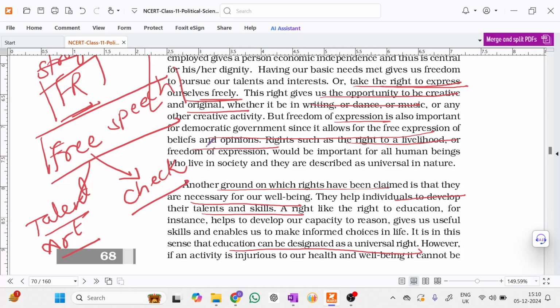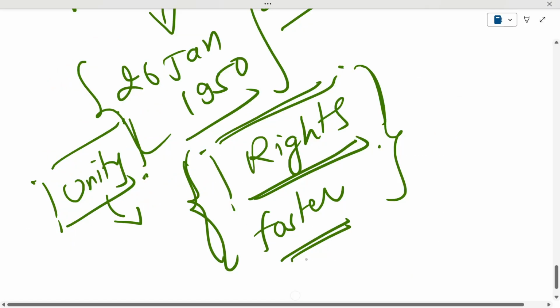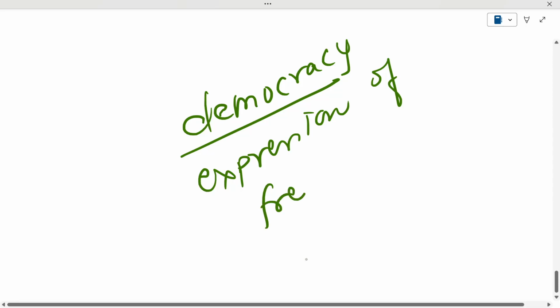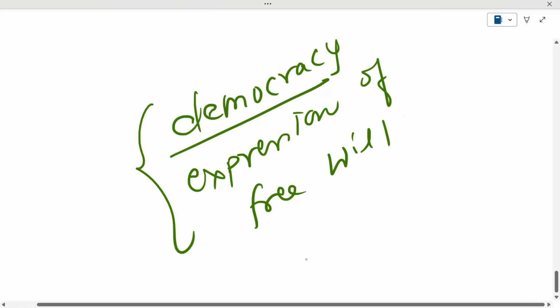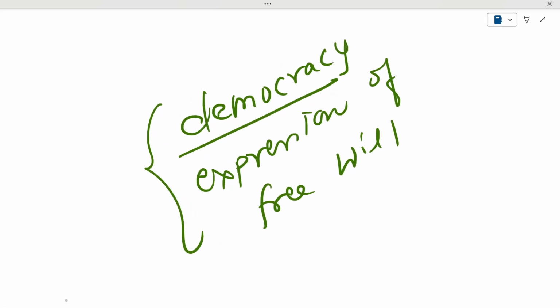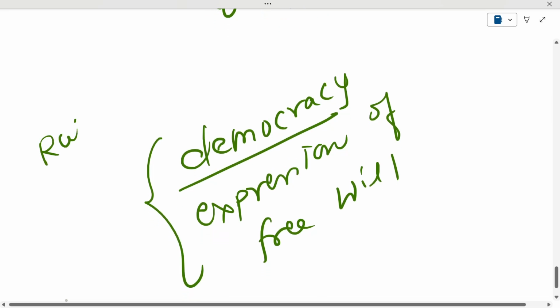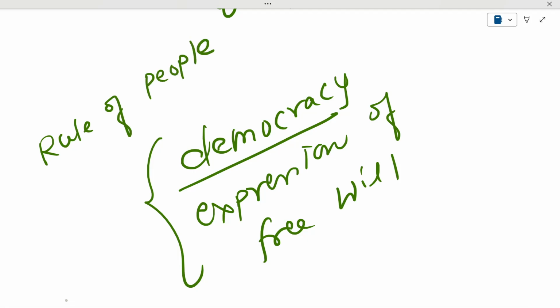Democracy is the expression of free will. As you might know by now, democracy is rule of the people by the people, or rule by the people.